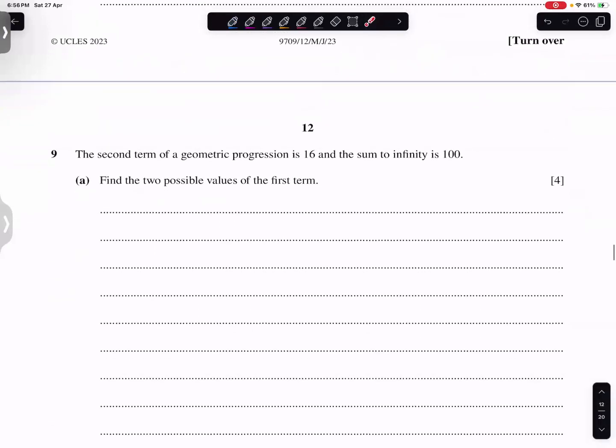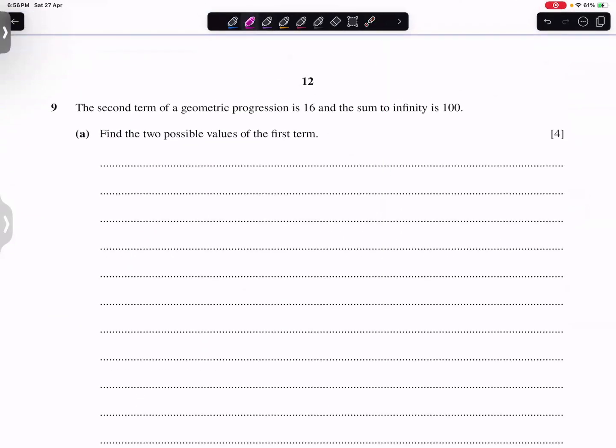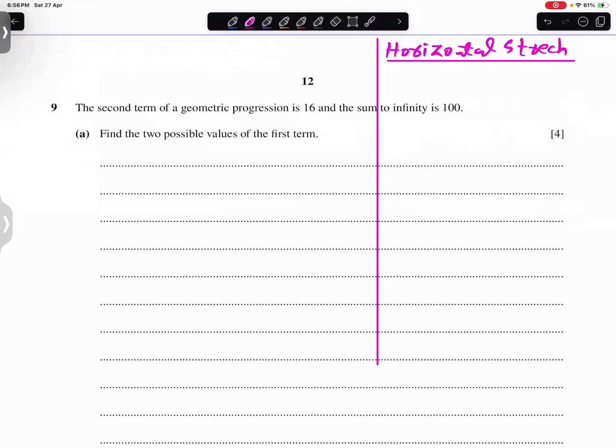So the concept of horizontal stretch is this. Let's say you have a function y is equal to f of x, and inside of f, your x is replaced with ax.